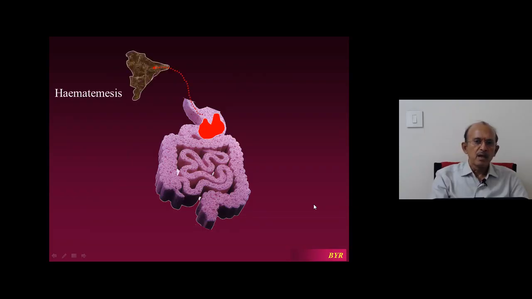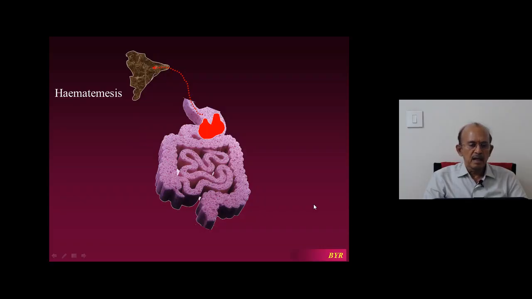Now let's see how the bleeding into the gut manifests. Whenever there is bleeding into the stomach, the stomach will be very irritated because of the blood. So there will be reverse peristalsis. This reverse peristalsis will produce vomiting. The patient will vomit coffee ground vomitus.